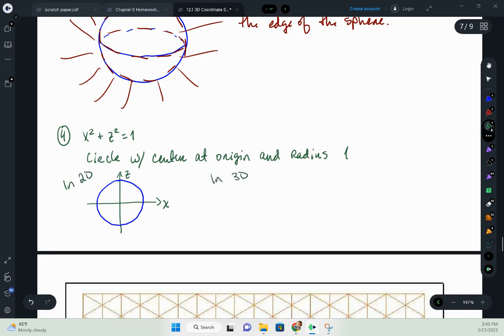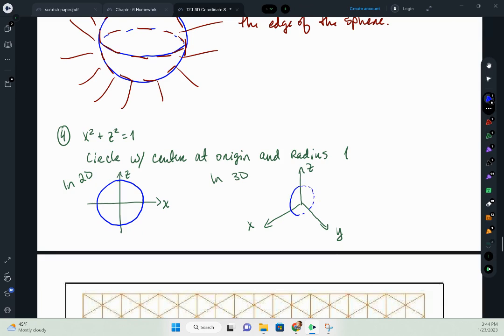In 3D, we have x, y, and z. I'm going to put in that unit circle here. So that is my circle with center at the origin and radius 1 on the xz plane.